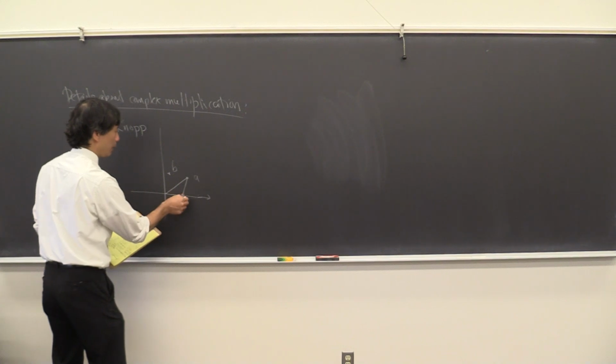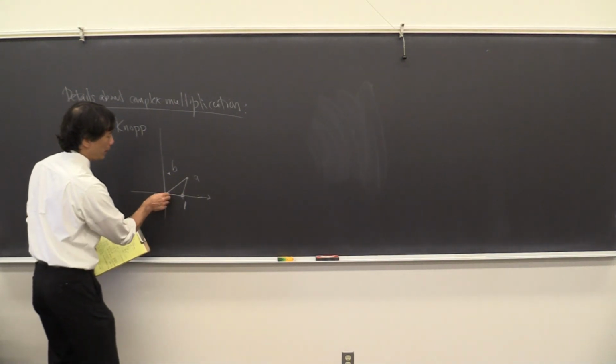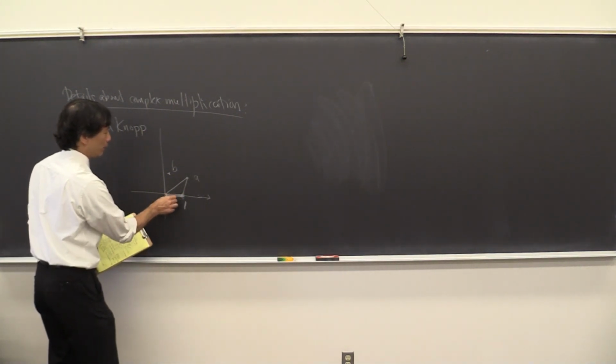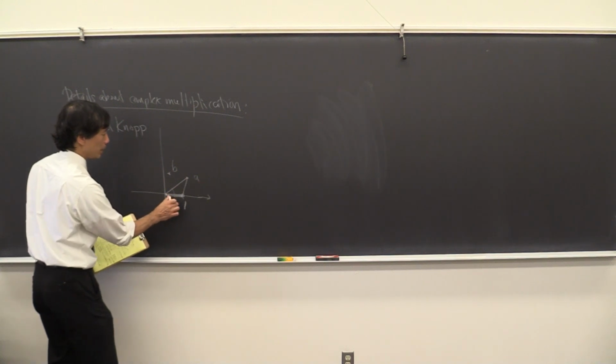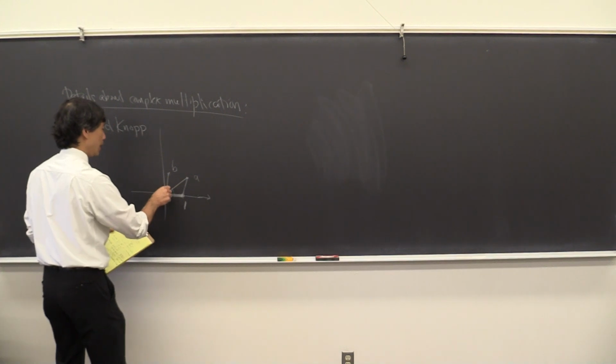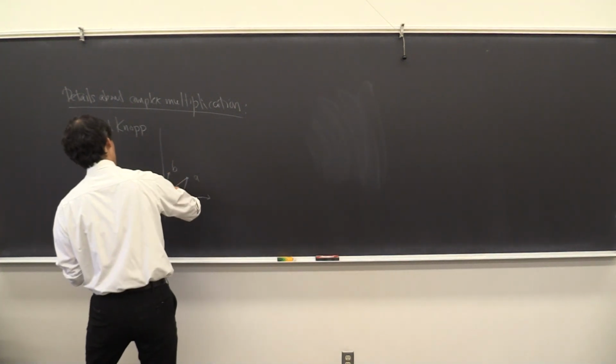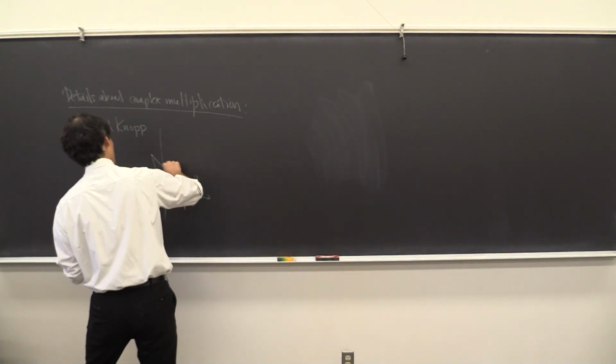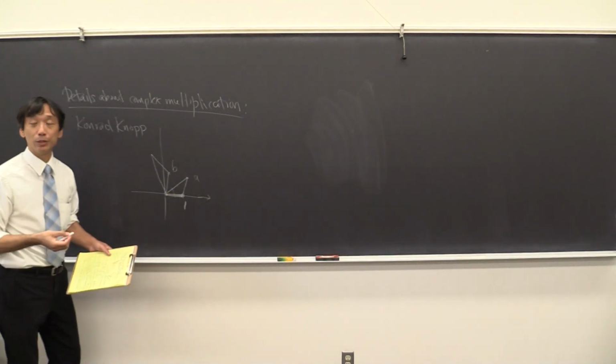Then you make a similar triangle, where this length becomes this thing here, like that.